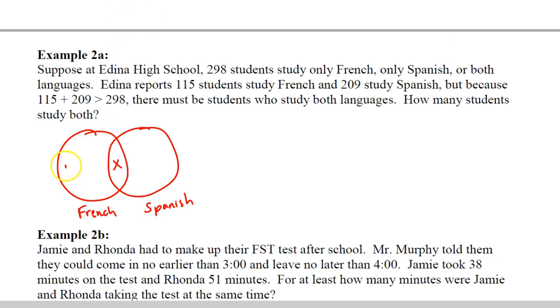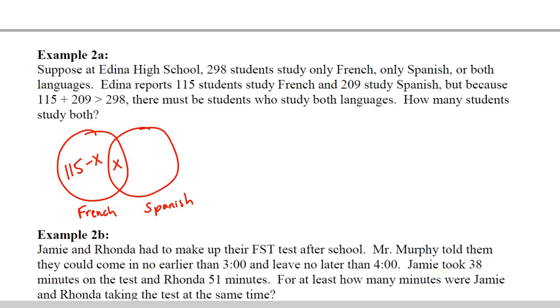So let's do that. Okay, so again, the reason why we're subtracting is because let's say if we knew that there were 10 people that were taking both classes, that means you'd have 115 minus 10, or 105 students that were only taking French. But we don't know how many are taking both, so that's our X, that's our unknown. So we're going to take 115 minus X, and that'll tell us how many students are only taking French.